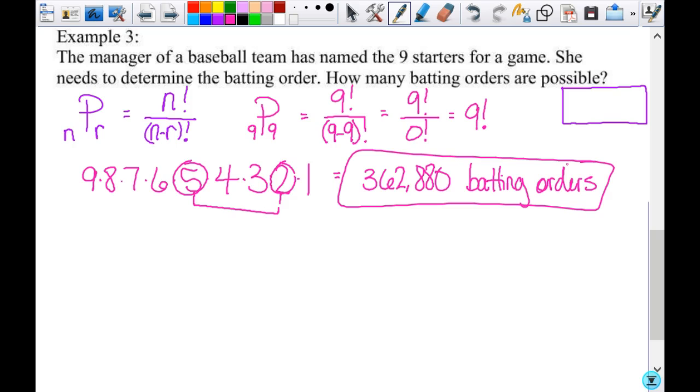I think it does too, and that's why I wanted you to take a wild guess, because I wanted you to see that, I mean, 55 wasn't that bad, and that was our combinations, and that was a little bit different anyway, but this seems outrageously high, and obviously a baseball coach is going to take more into account than just any possible order that they could do. You know, they know who needs to go first, who needs to go last, those sorts of things.